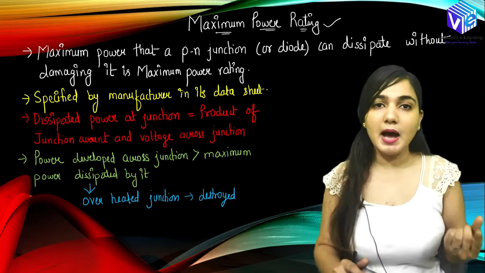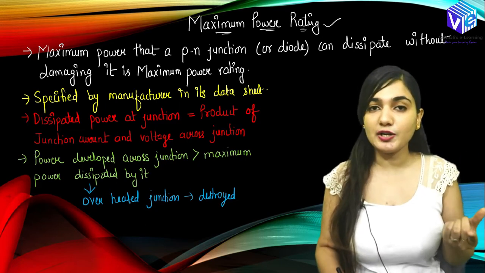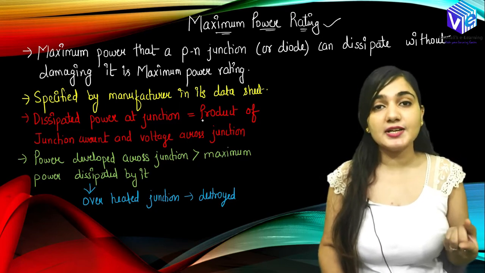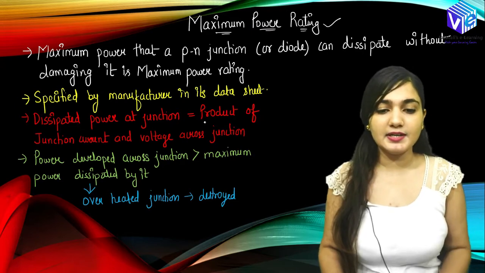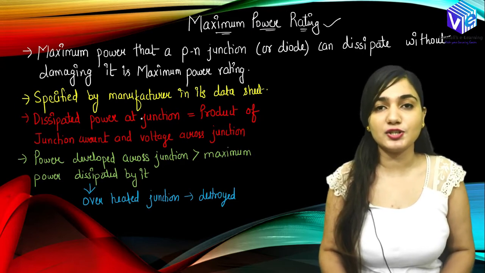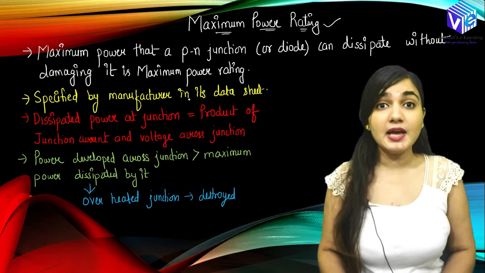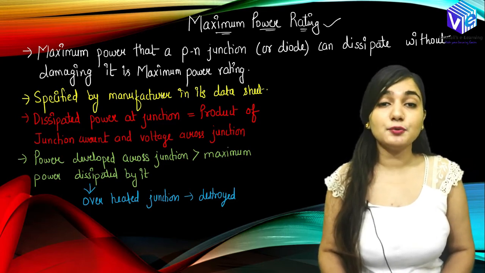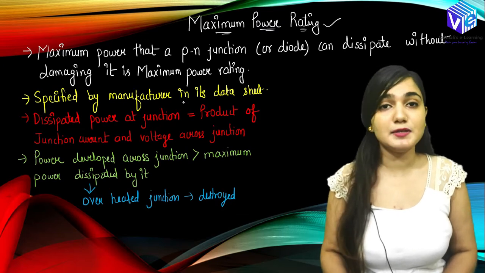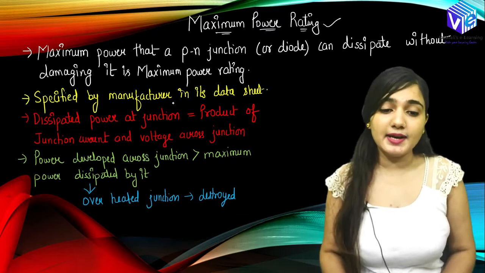The maximum power that the PN junction can tolerate without damaging itself is the maximum power rating. It is specified by the manufacturer in the data sheet, and whoever is using it has to stay within the given rating, otherwise the device will overheat and get damaged.